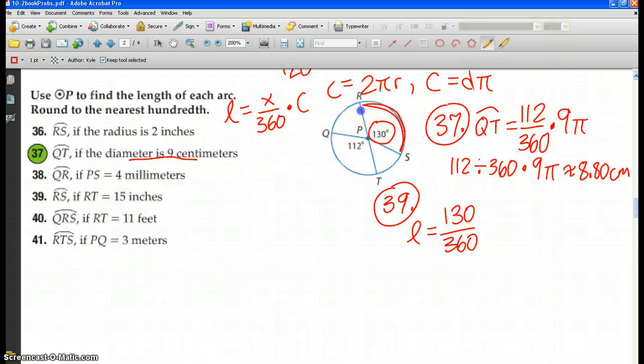So if RT is 15 inches, that's our diameter. So we're going to take diameter times pi for the circumference. So 15 pi. And once again, same operations as before, divide 130 by 360 and multiply that by 15 pi. And round the result, and you get 17.02 inches.